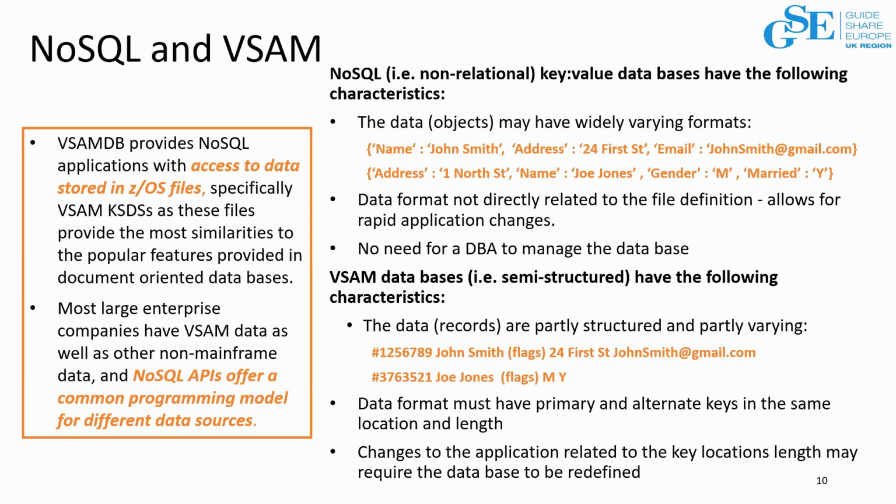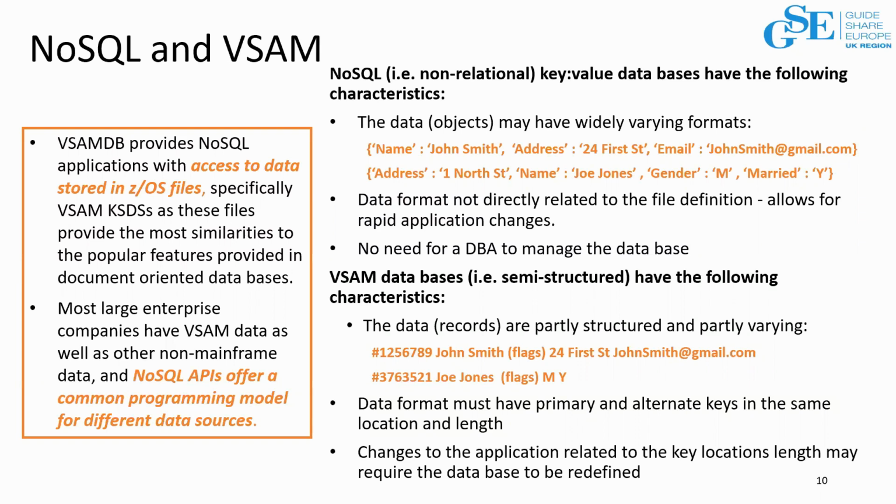There's no formalized position of where these data pairs have to be within each of the objects. From a VSAM perspective, we think of our records as partially structured and partially varying. So you can have a primary key and alternate keys with unstructured data after the key, but the keys have to be in the same location and the length has to be fixed.